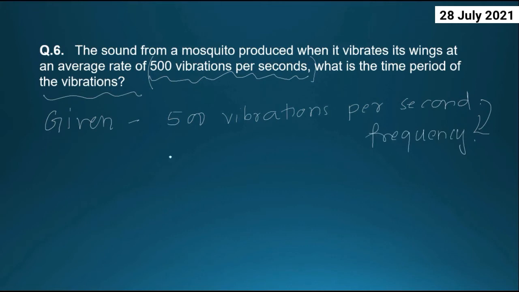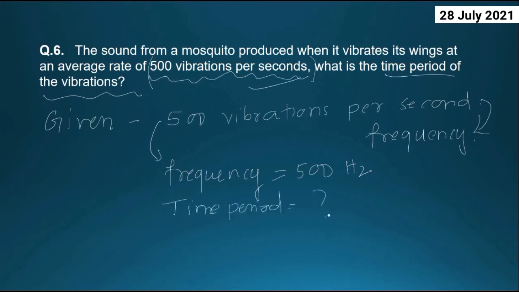Right? So we can write the same thing as frequency is equal to 500 hertz. I repeat, that is because it is per second. In 1 second, how many vibrations? That's why it is taken as frequency. So if frequency is given, what is asked? Time period is asked. So what is the formula for time period? Time period is equal to 1 upon frequency, as I have just told, they are reciprocals.